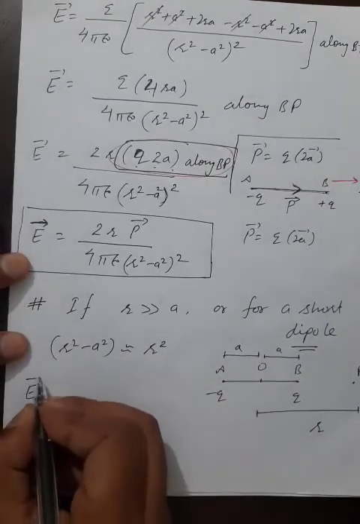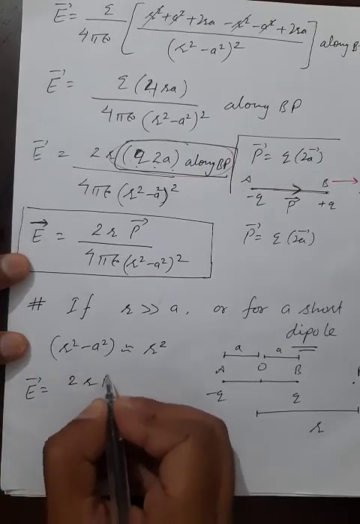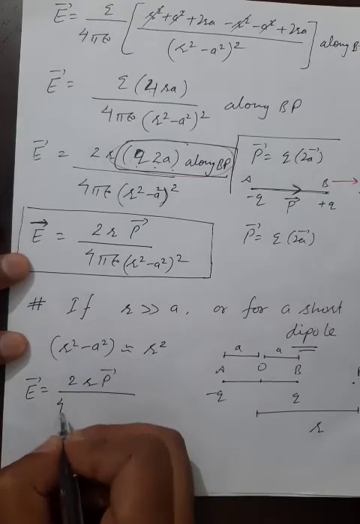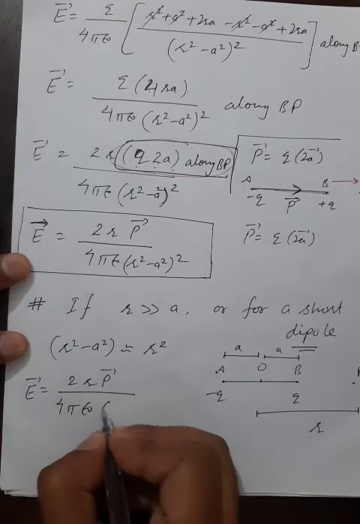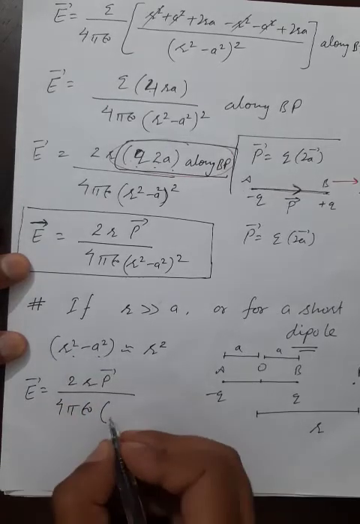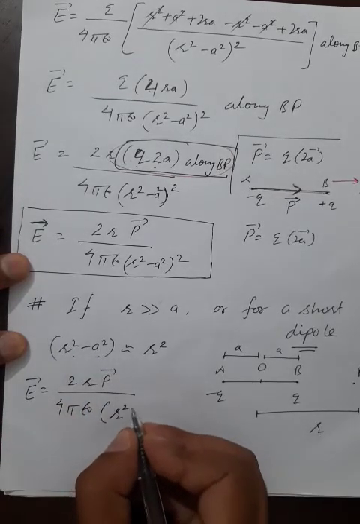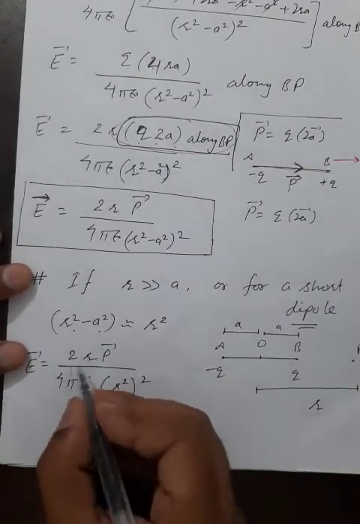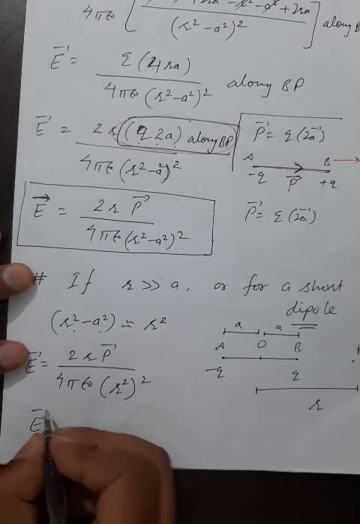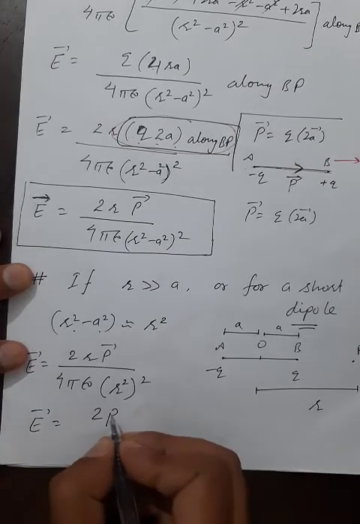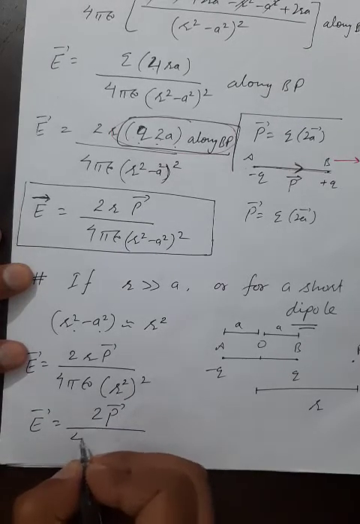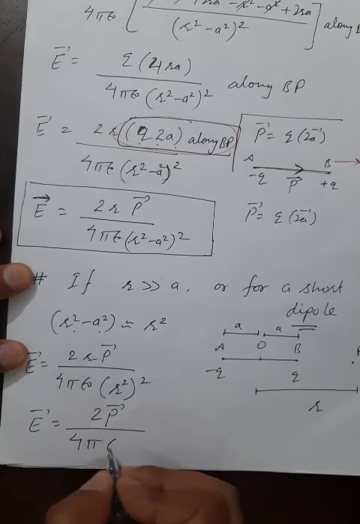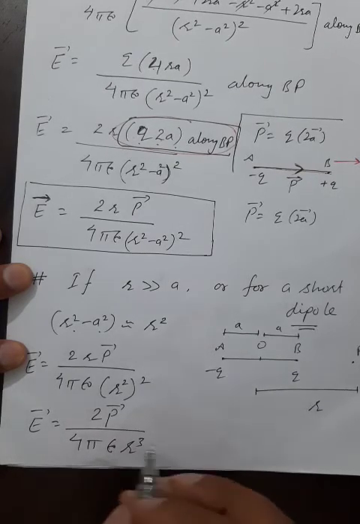So E vector becomes 2R P vector over 4 pi epsilon naught, and this will become only R square to the square, so here is R to the power 4, and one R will cancel out. So E vector will be 2 P vector over 4 pi epsilon naught R cube.